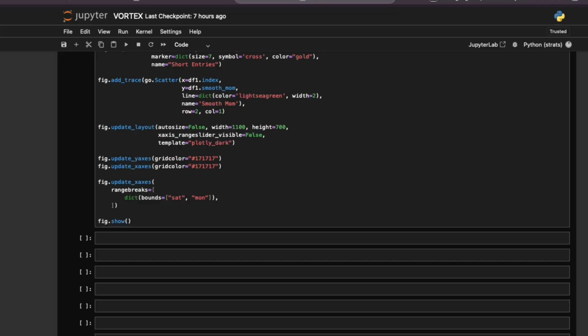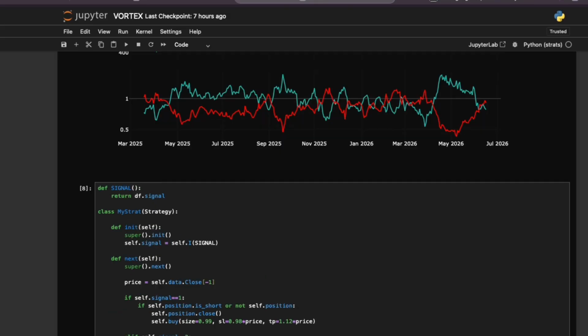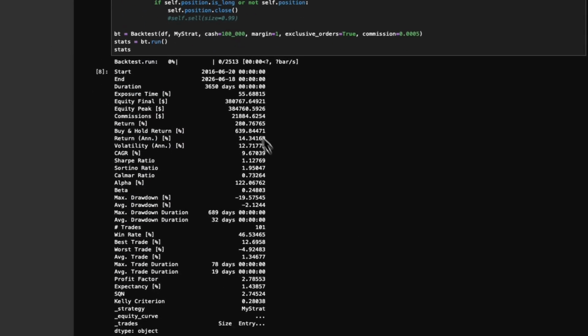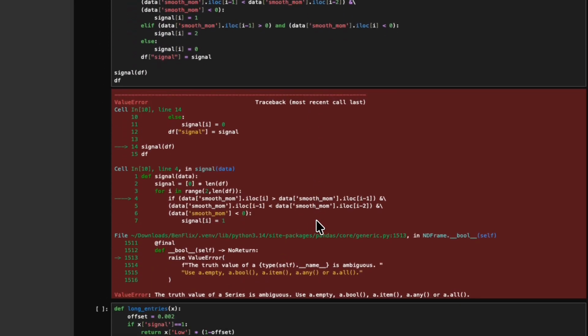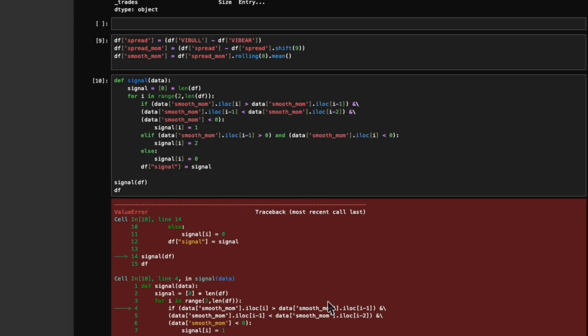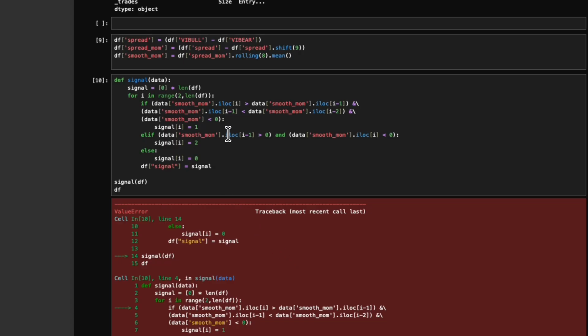There we go, it's getting going now. Look, so that was our first one, with our first result for our backtest. And then, what have I done there?